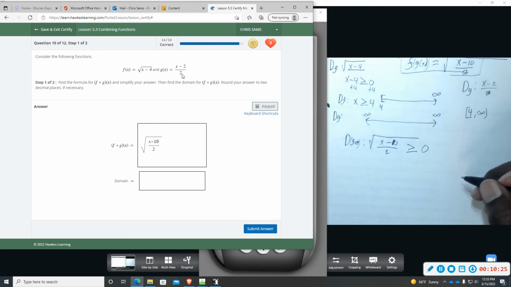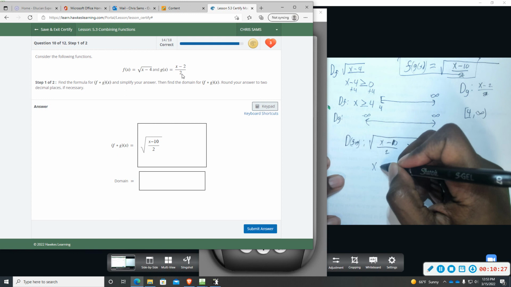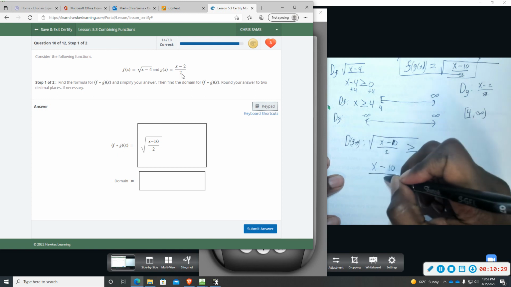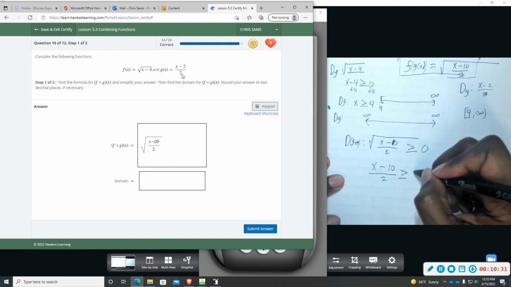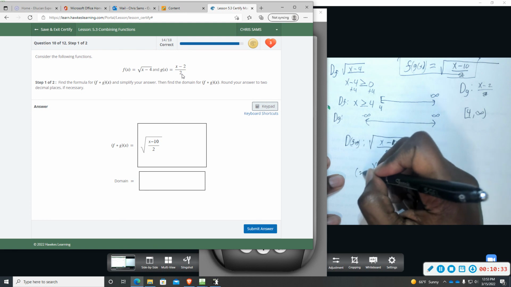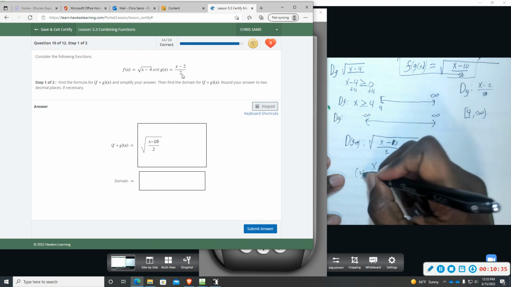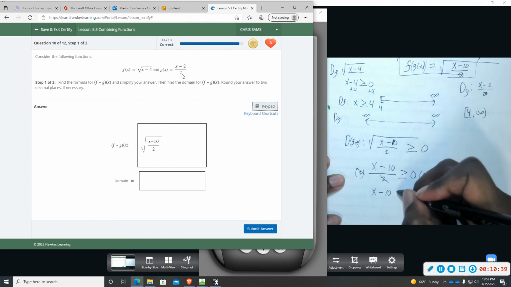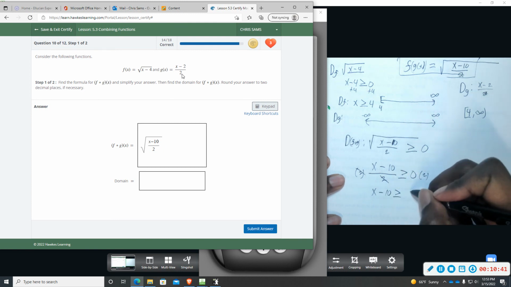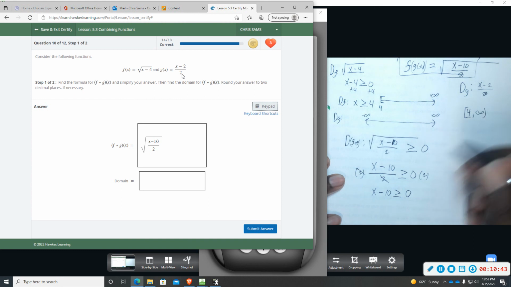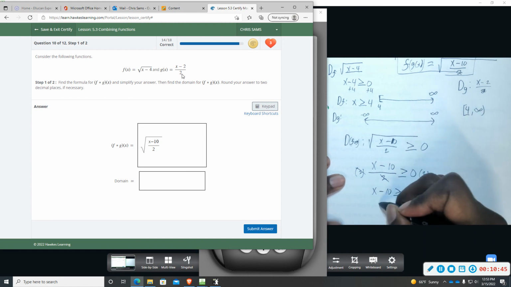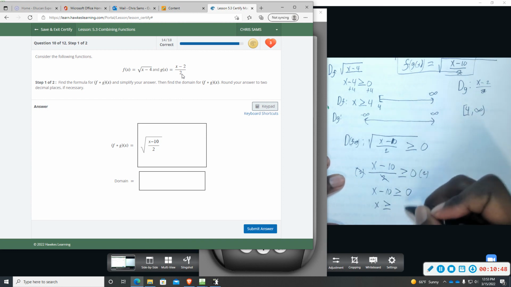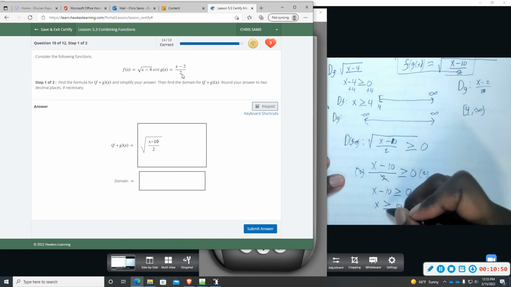So that's what we're going to solve for: (x minus 10) divided by 2 has to be greater than or equal to 0. We would multiply by 2 on both sides to get rid of the fraction, and that would give us x minus 10 greater than or equal to 0, since 0 times 2 is still 0. Then if we add 10 to both sides, x has to be greater than or equal to 10.